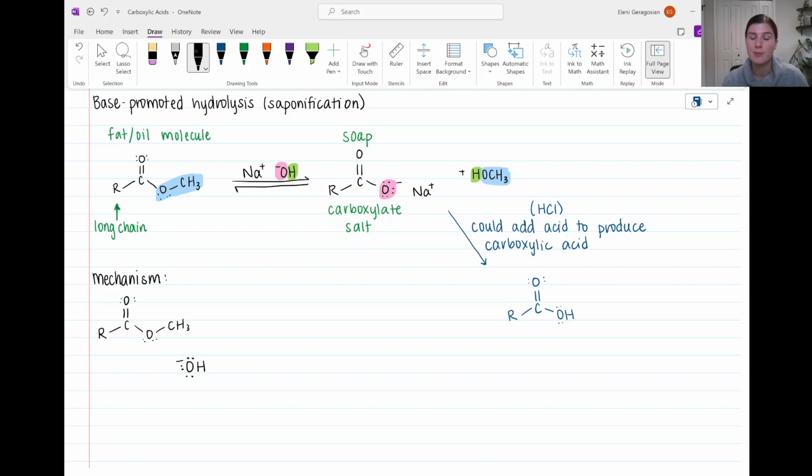There is no acid present, so we're not activating the carbonyl by protonating the oxygen, since this is in basic solution. So really what we're doing here is immediately doing nucleophilic addition to add that OH group to the carbonyl.